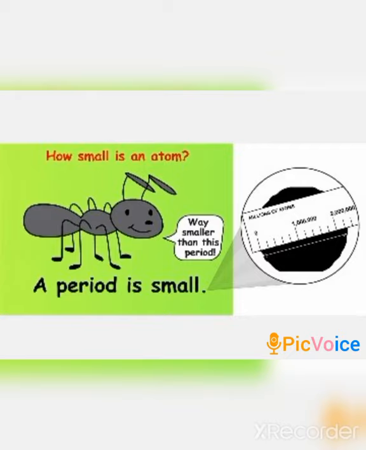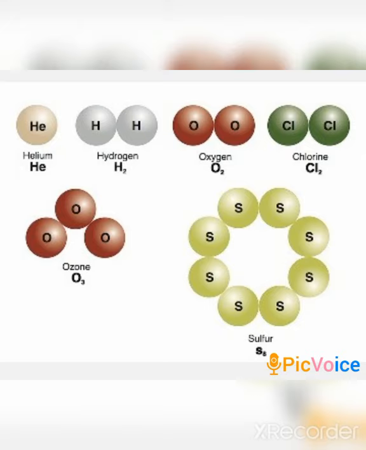And if we magnify that full stop, which is in front of an ant, it is not even the size of the ant's legs, right? So if we magnify that full stop, it contains millions of atoms in it. This is to show how small an atom would be. So you got an idea about what an atom is.